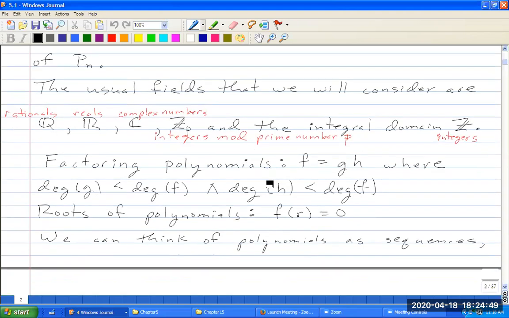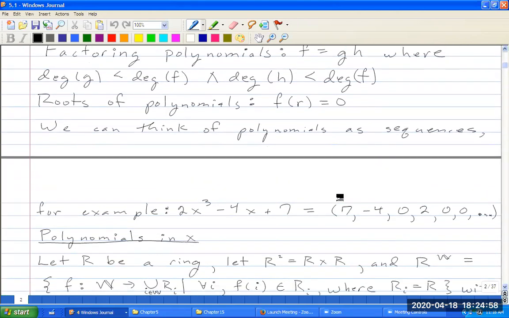Again, the root of a polynomial is such that it's equal to 0 at that root. Another way of conceptualizing polynomials is to think of them as sequences. So for example, instead of writing 2x cubed minus 4x plus 7, I can just write down the coefficients.